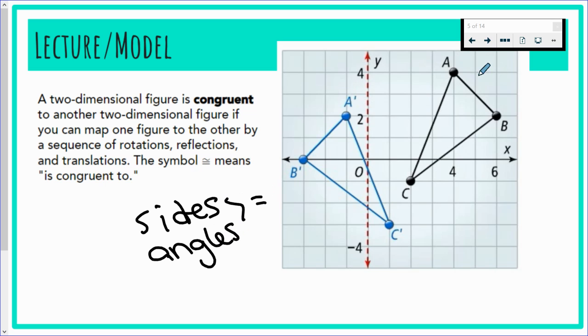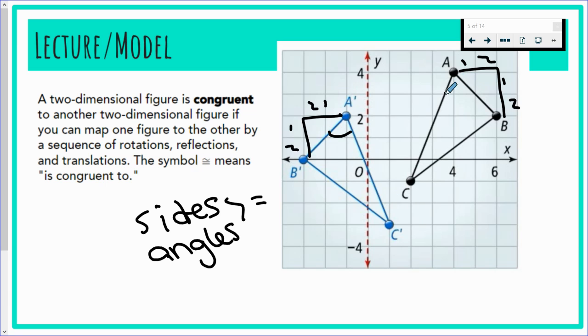So as we can see here, from A to B, we would go over 2 units and then down 2 units. And then same here, we would go over 2 units and down 2 units. So from A to B is the same. From B to C would be the same. And from A to C would be the same.